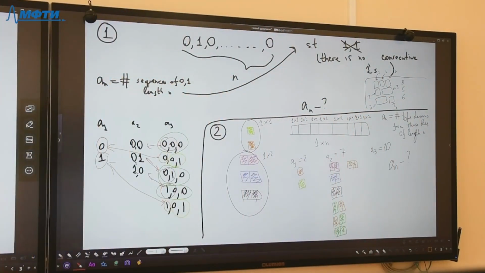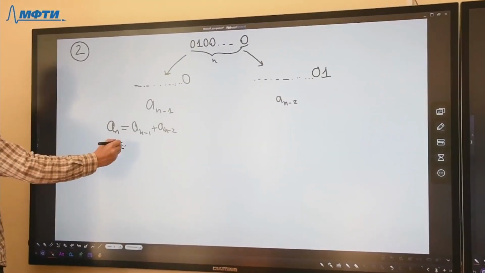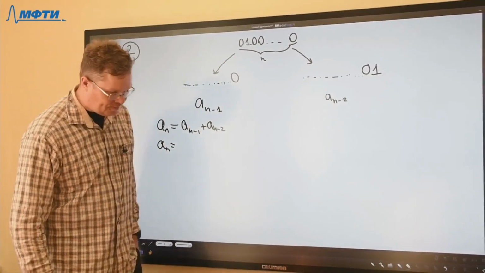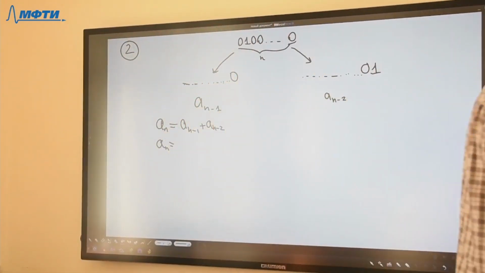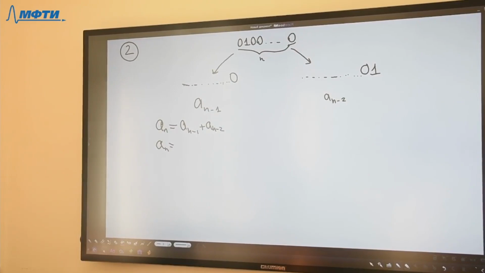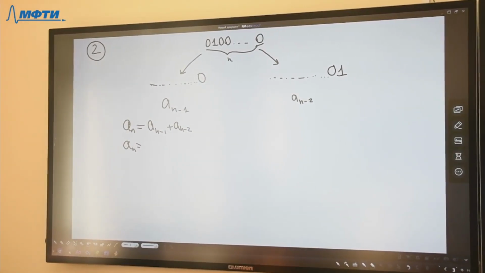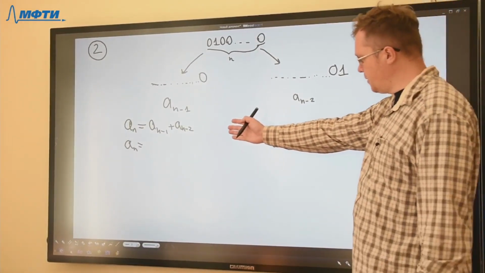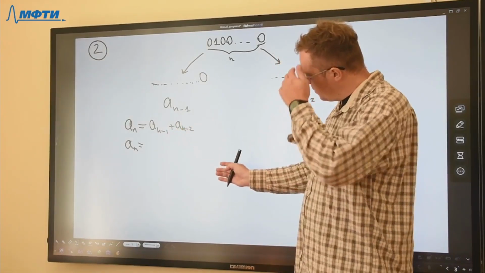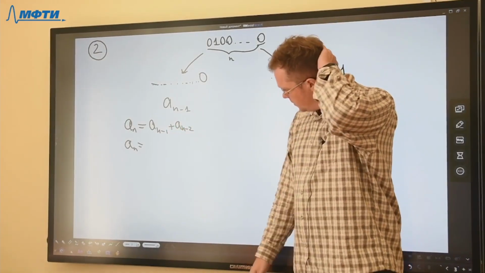Okay, so maybe you can find now what a_n is equal to? We have seen this recurrence before, yes?